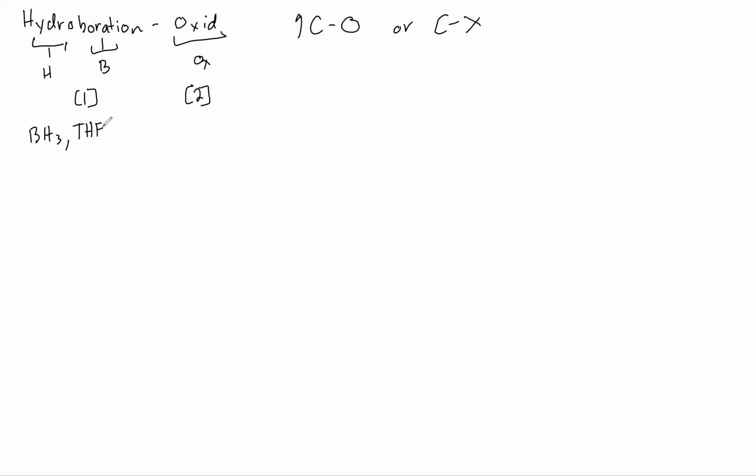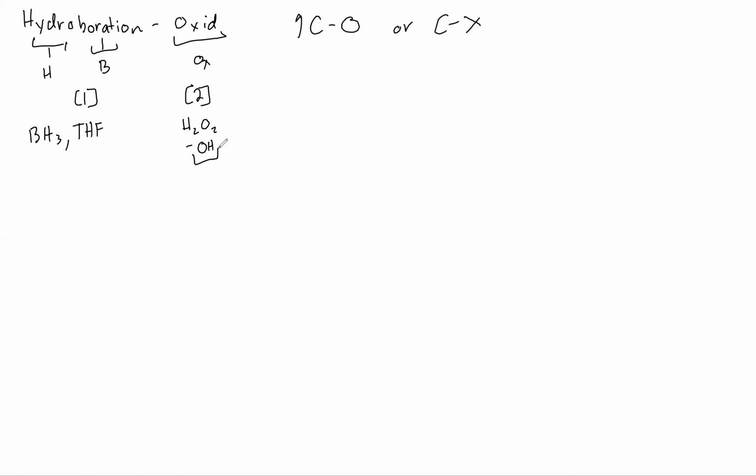You don't really need another structure, just know THF is an aprotic solvent. For the oxidation, we'll be using H2O2, which is basically just a peroxy acid, and then OH. This OH here is what is going to be oxidizing. Okay? All right, so let's get into this mechanism here.